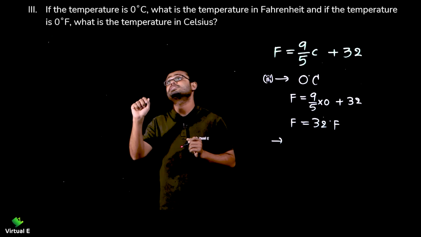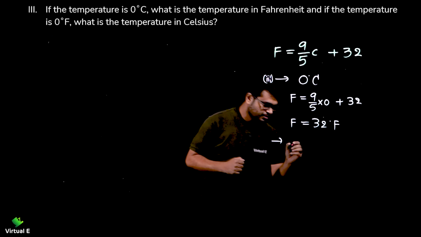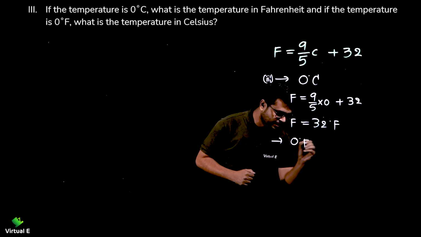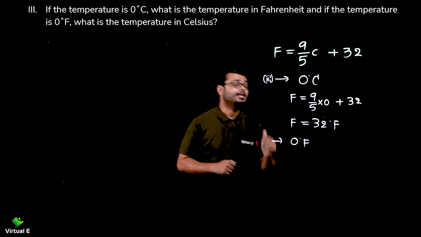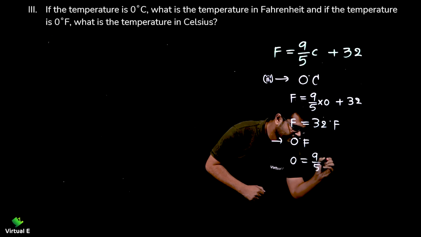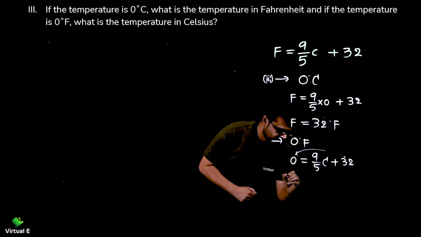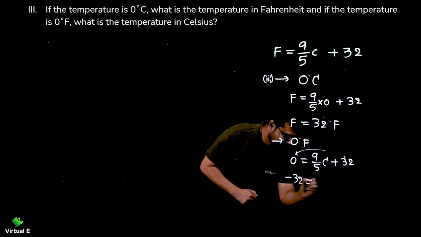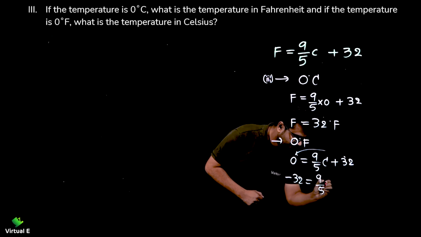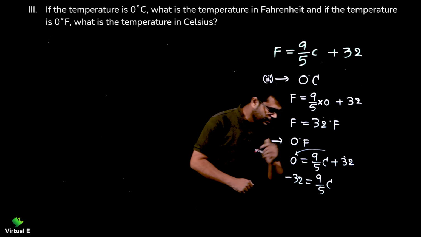If the temperature is 0 degrees Fahrenheit, what will be the value in Celsius? Here we are taking 0 degrees Fahrenheit and we need to find the value of Celsius. So 0 is equal to 9 by 5 into C plus 32. Let's shift it here, so minus 32. Remember, 9 by 5 into C. 5 will go into the numerator and 9 into the denominator.